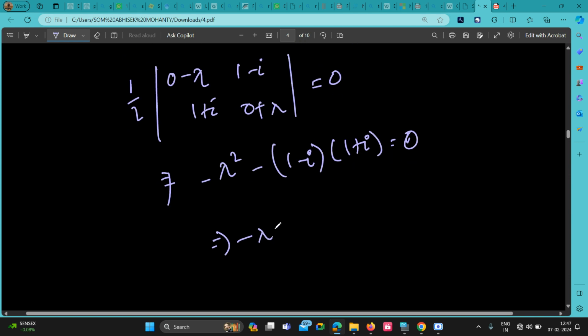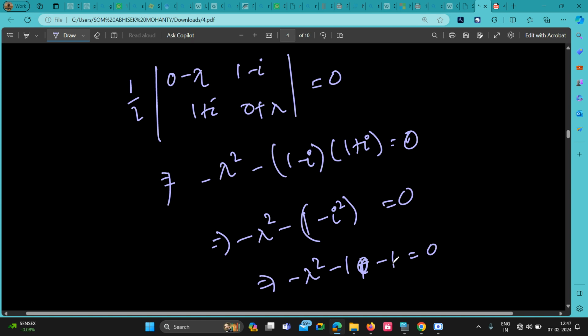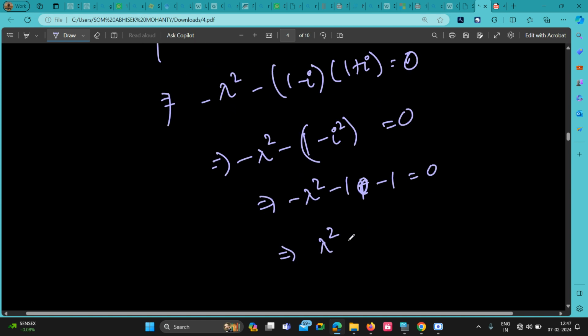That is lambda square minus (1 minus i square) is equal to 0, and since i square is minus 1, lambda square minus 2 is 0. Lambda square is 2, isn't it? So lambda is plus or minus root 2.